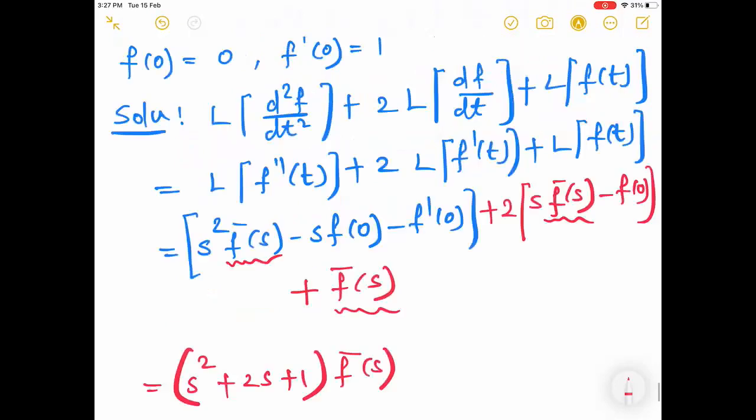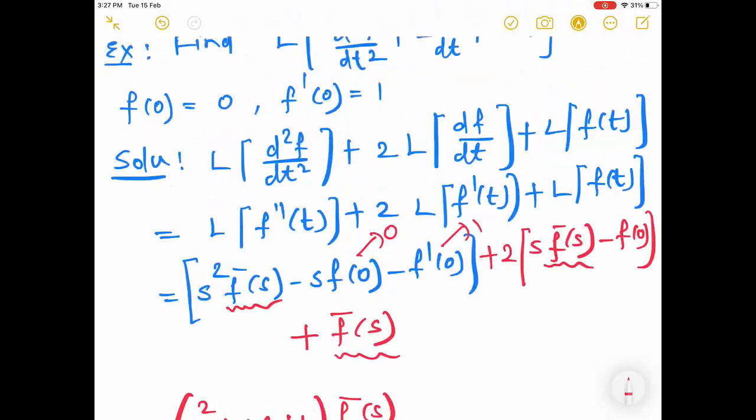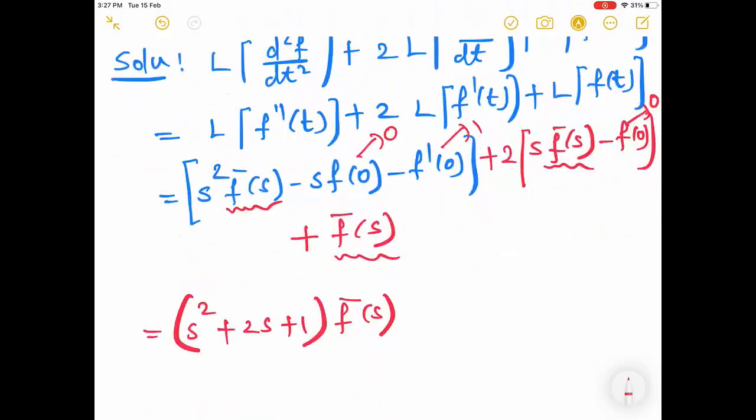Then f of 0 is 0. This is given to you. So this is 0, f dash 0 is 1. Okay, this is given. So here also this is coming 0. And you will be getting the answer as minus 1. That's it. That will be the transform of the differential term. Have you got it?